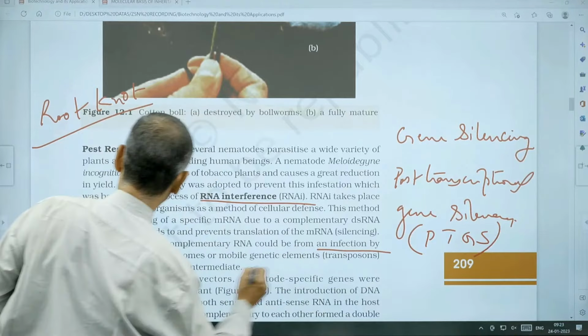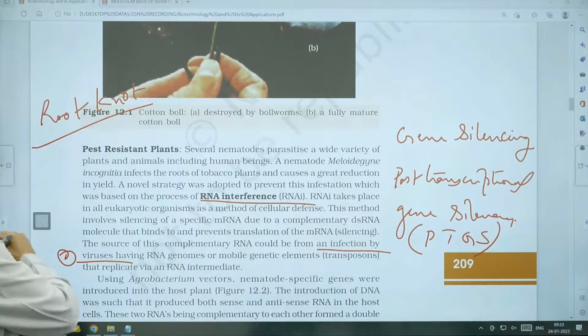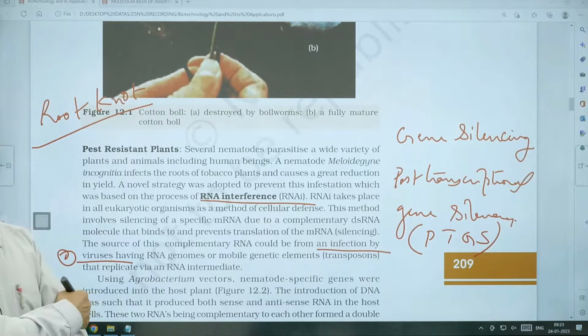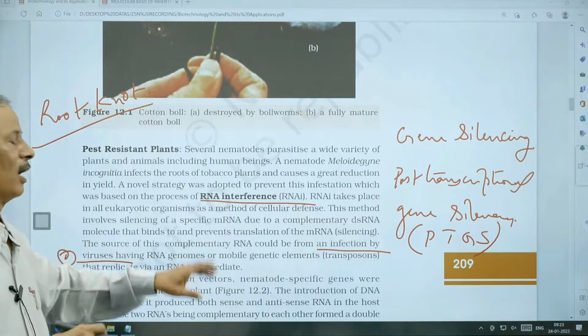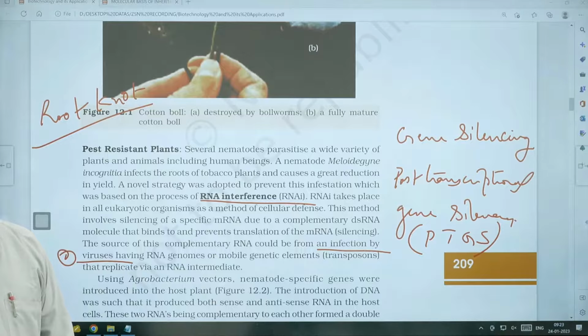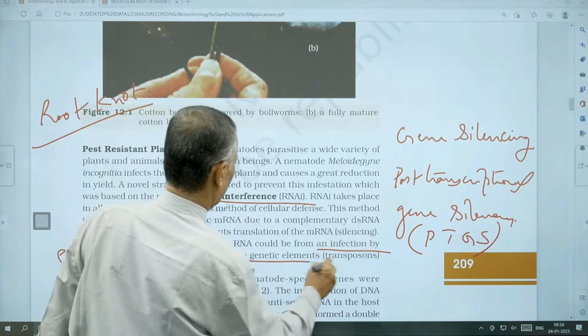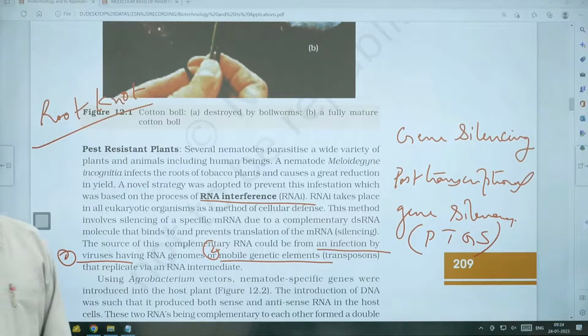That is, when there is an infection by an RNA virus, especially reverse transcriptase enzyme containing viruses. So we are having a retrovirus attack or a transposable element or a jumping gene which is trying to change its position, which is very rare, from one side to another side.